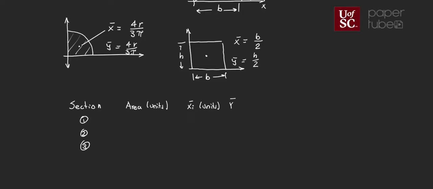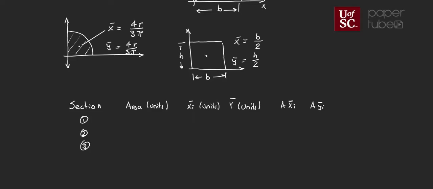My y bar with the right units, right? And then we're going to have my area times my x bar i, and then my area times my y bar i. So that's basically taking the first two columns and multiplying them. That'll give you the fourth column, and the area times the y bar gives you your last column.